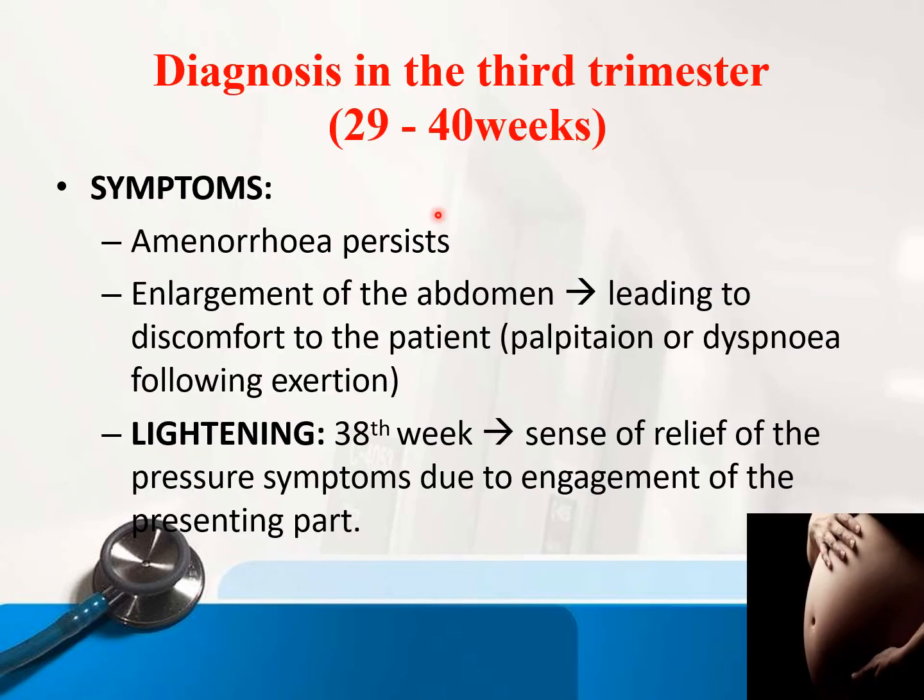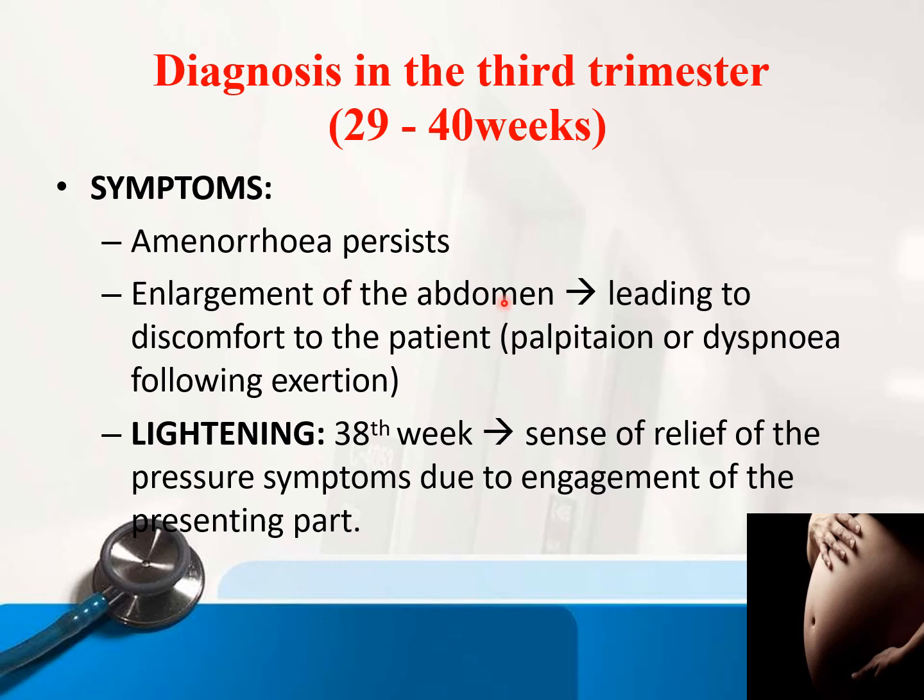And now we can move to the diagnosis in the third trimester, that is between 29th to 40th week of pregnancy. The symptoms that you can see in the third trimester of pregnancy include amenorrhea, that will be persisting, and enlargement of the abdomen.